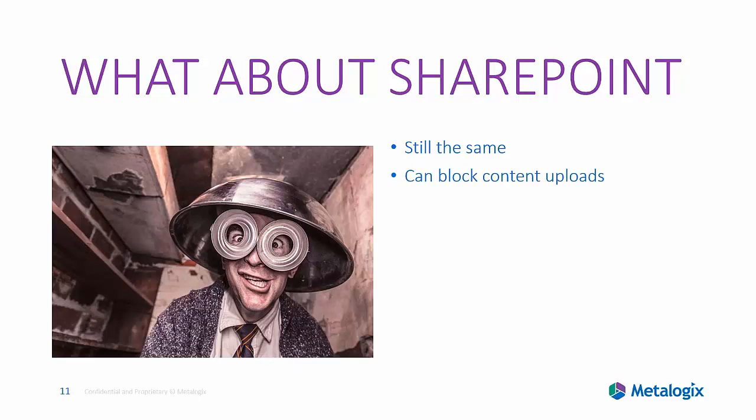What's nice about this is when it comes to enabling rights management or Azure IP for, in SharePoint's case, it's not Azure IP, it's actually just rights management services. You can block content at a library level.